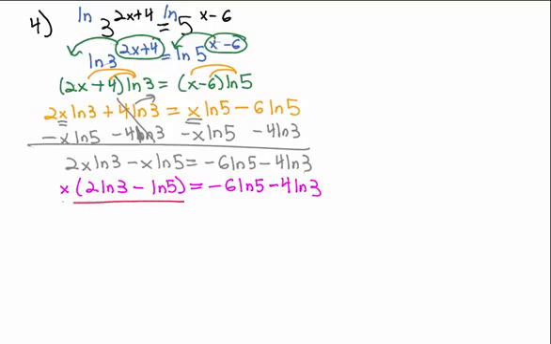Finally, to get the x alone, we divide by what it's multiplied by. Divide by 2 natural log of 3 minus the natural log of 5 on both sides.